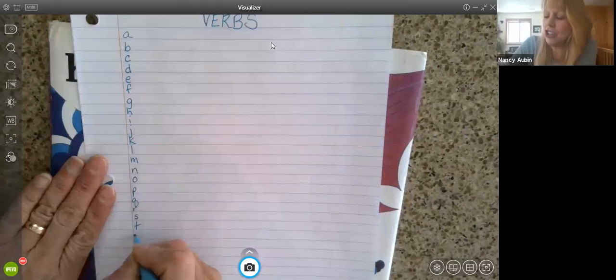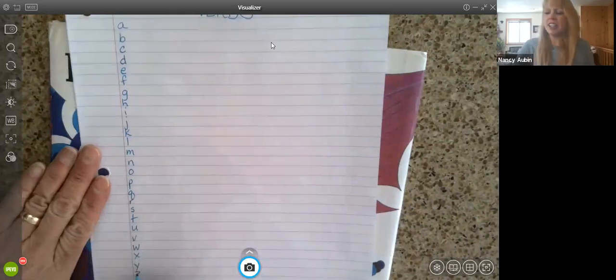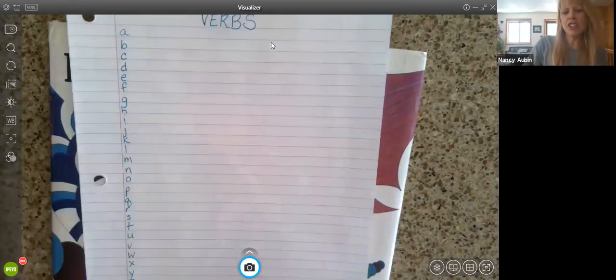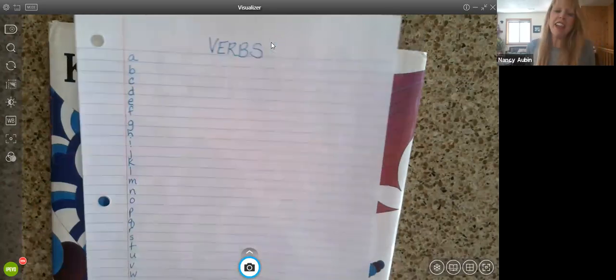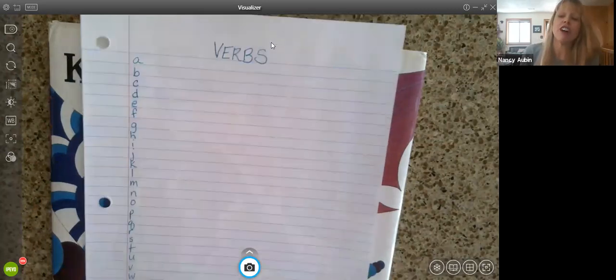T, U, V, W, X, Y, Z. So just kind of go down the edge of your paper, and then you and your partner or partners are going to think of words to go with each letter that are action words.